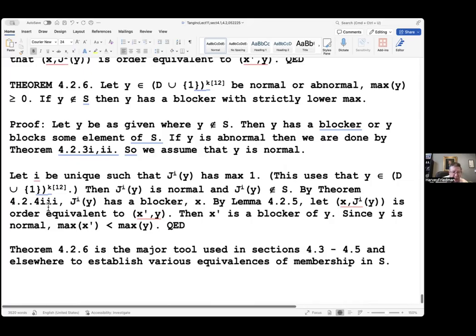So by the theorem we talked about earlier, jiy has to have a blocker X because the max is 1 and it's normal. Okay, we had that before, and then by lemma 425 that we just proved, the combinatorial lemma, xjiy is order equivalent to x prime y for some x prime, right? That's what lemma 425 said.